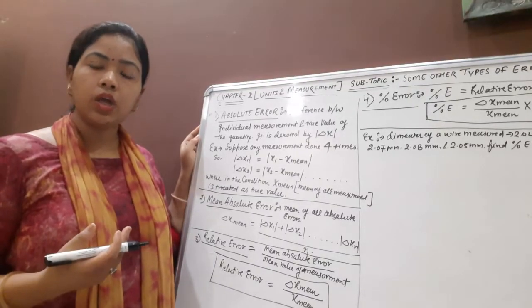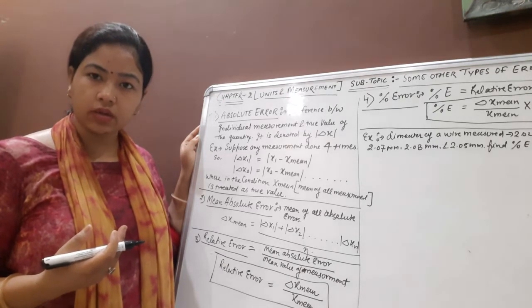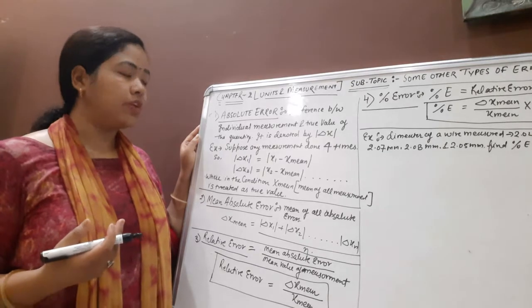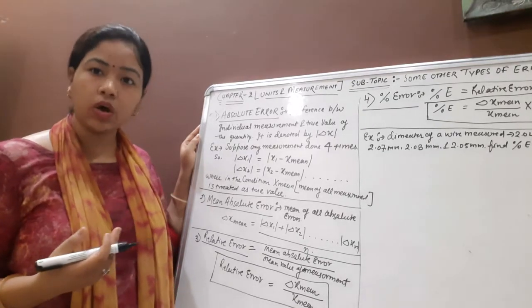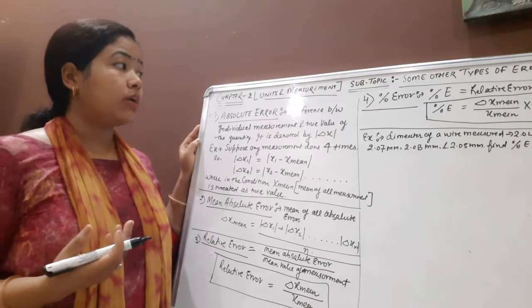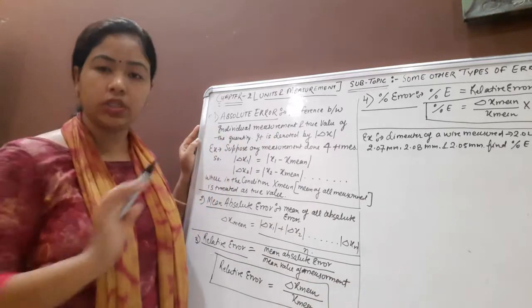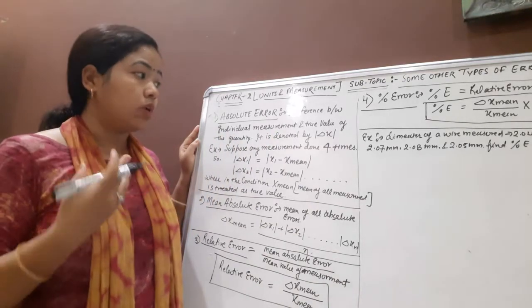So children, now we will talk about some more types of error, and in this particular category, very first we have the absolute error. Now let's understand what absolute error basically is. Absolute error is the difference between an individual measurement and the true value of the quantity. What does it mean?